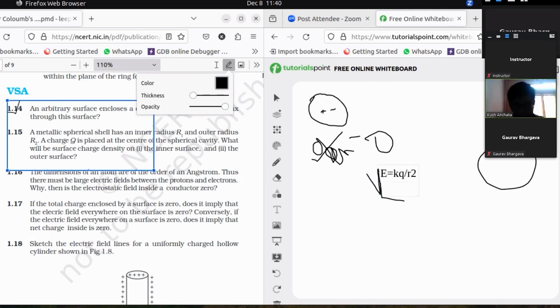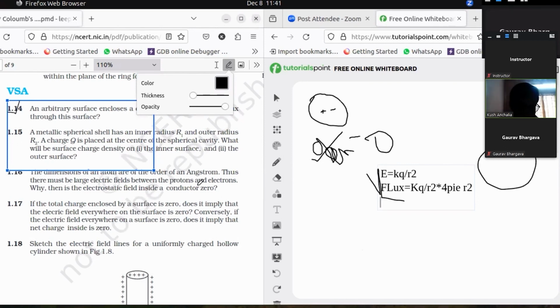And the inner radius. So it will be kq divided by r square, all divided by area, so 4 pi r square again. What is the charge density on the inner and outer surface? What will be Q enclosed divided by epsilon?